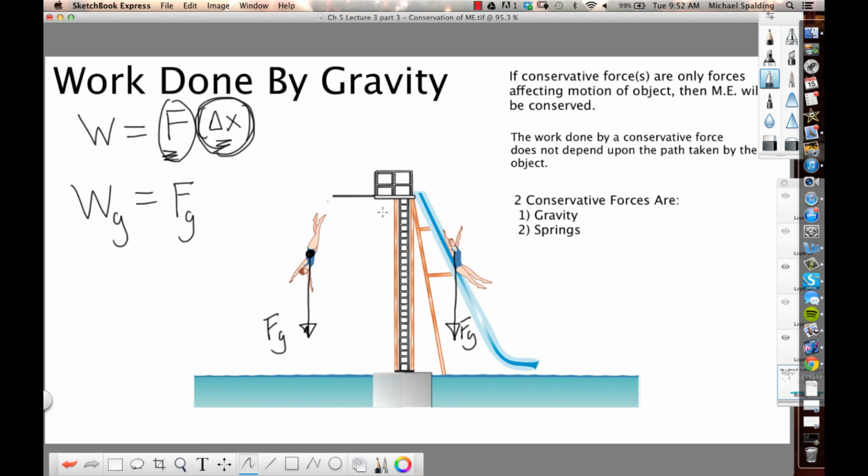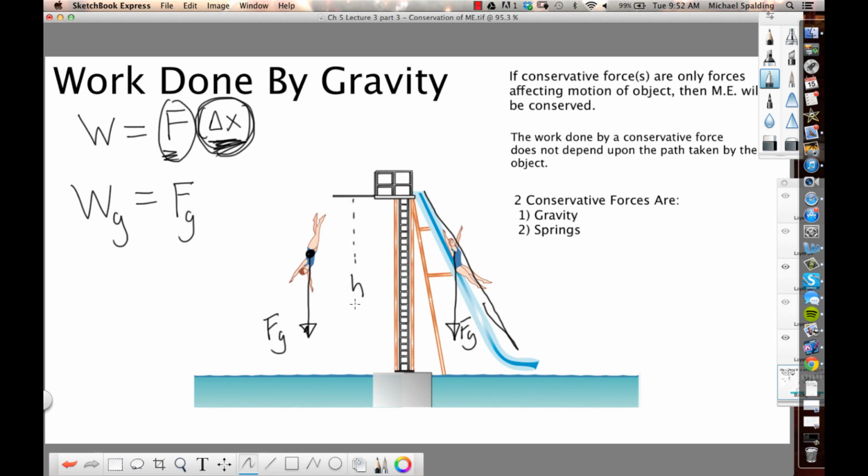So will the distance we're using, this delta x, be the length of the slide? No, because the length of the slide is not parallel to gravity. What displacement is parallel to the force of gravity? The height.